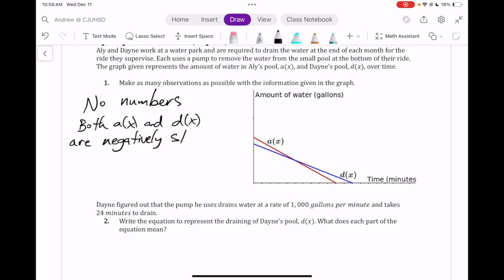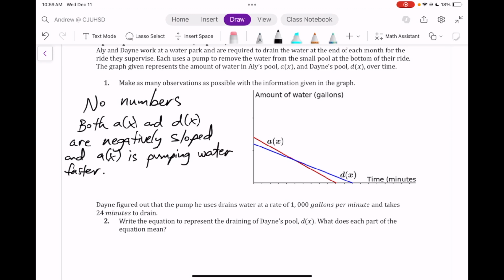They're going downhill. And another thing that you might notice, A of X is faster than D of X. So Allie is draining faster. So her pump is pumping faster.